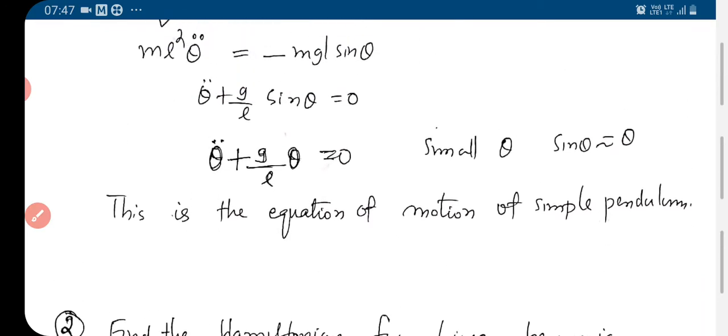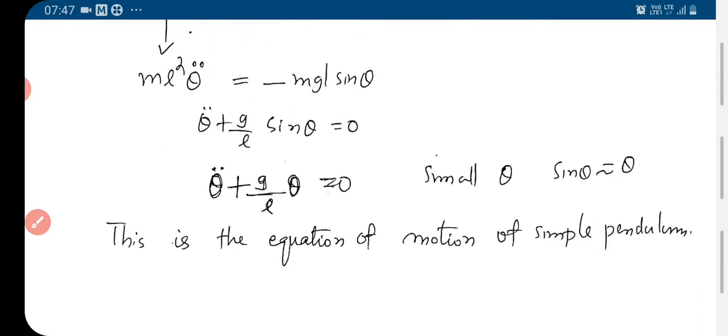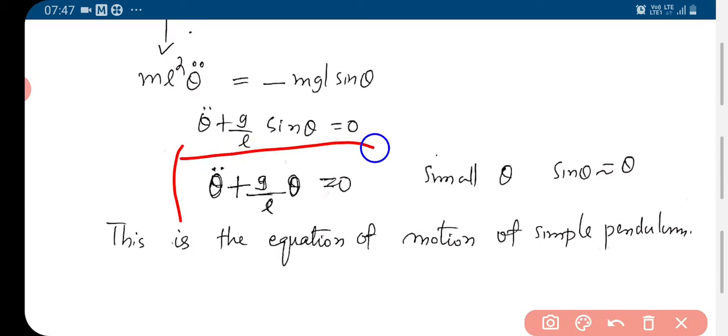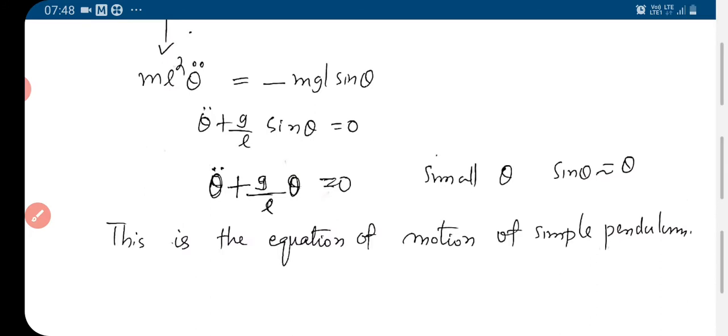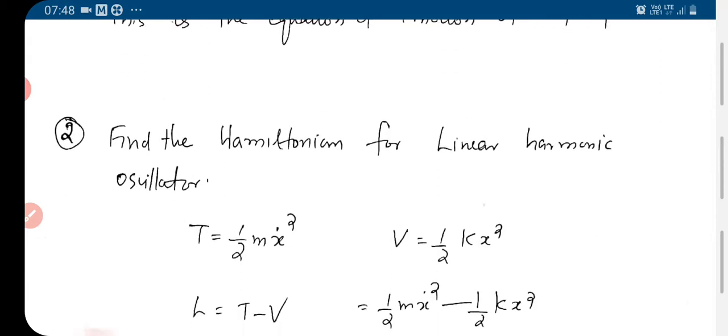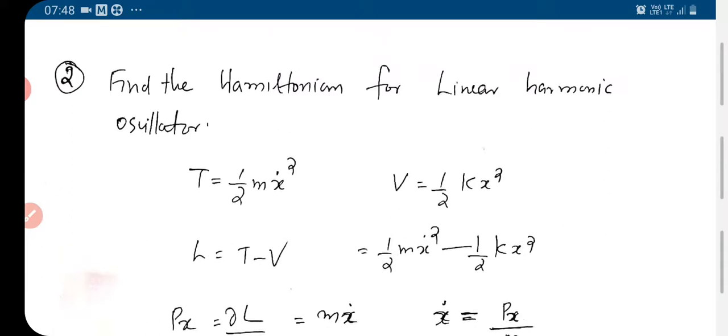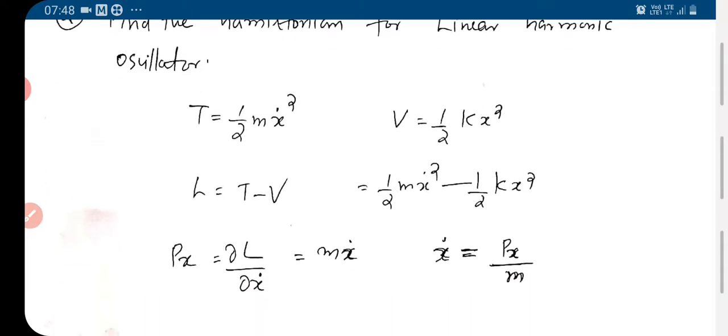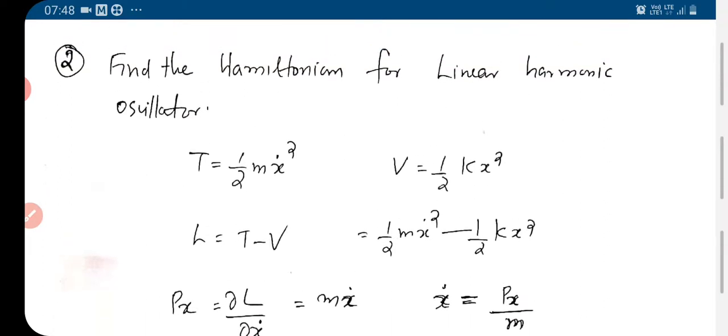And this is the equation of motion of the pendulum, which we already obtained using Lagrangian mechanics. From this you can get the time period, everything can be obtained. Now let's move on to the second one, the Hamiltonian for the linear harmonic oscillator. The same procedure that we follow.